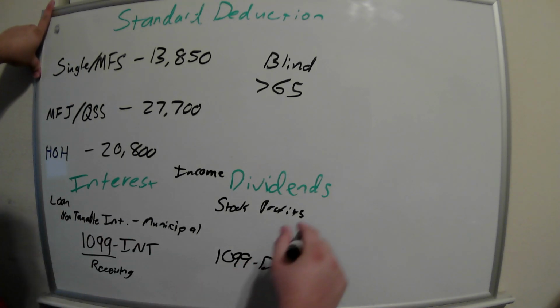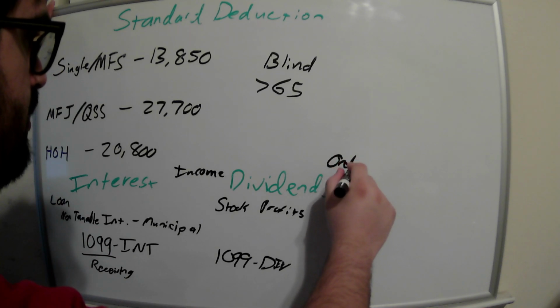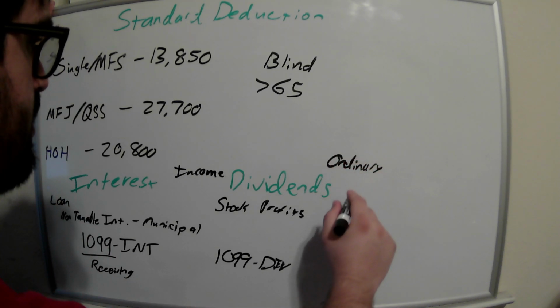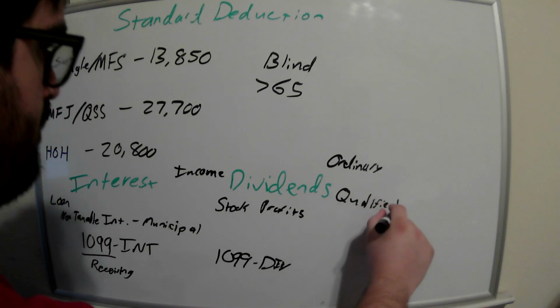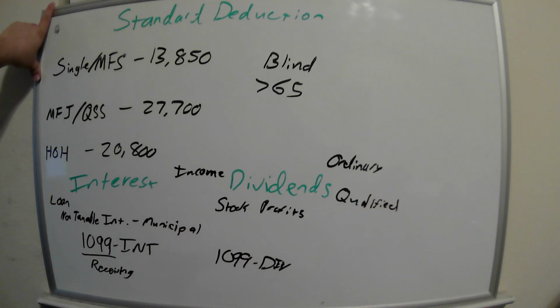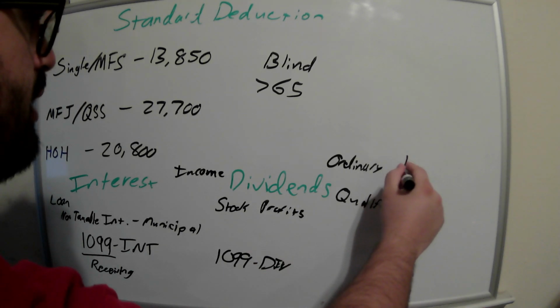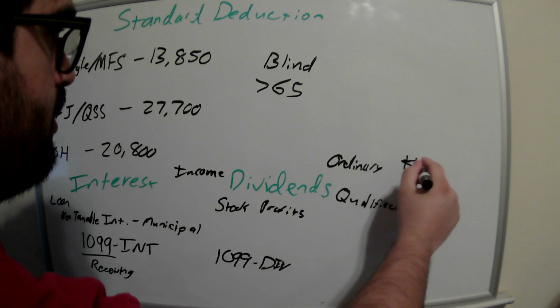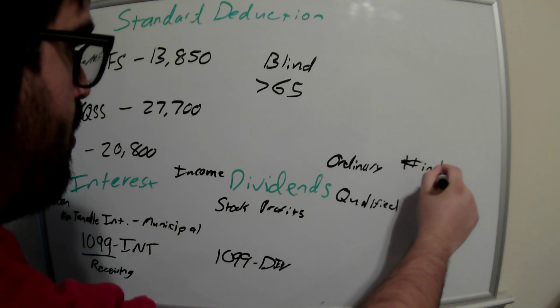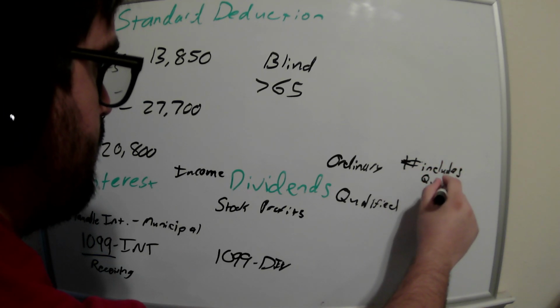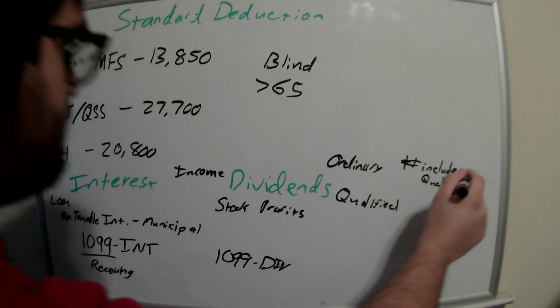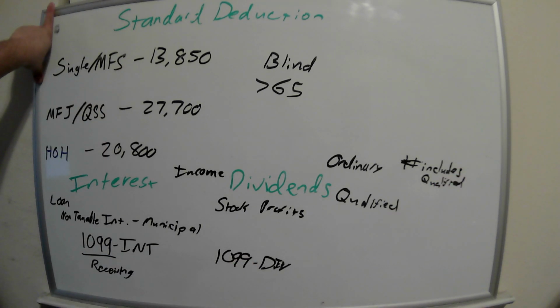There are what's called ordinary dividends, and then there are qualified dividends. The ordinary dividends number includes all the qualified dividends as well. Qualified just sits to the side as a different number saying, hey, this portion of ordinary was considered qualified.